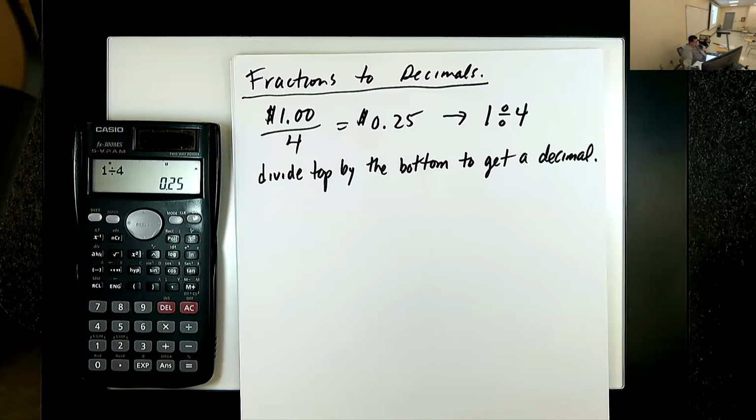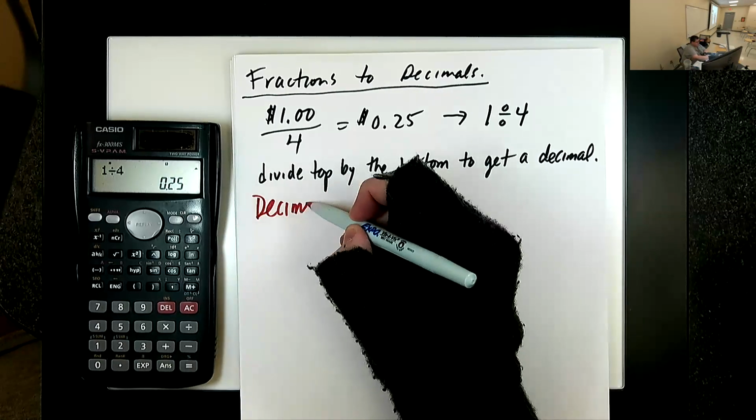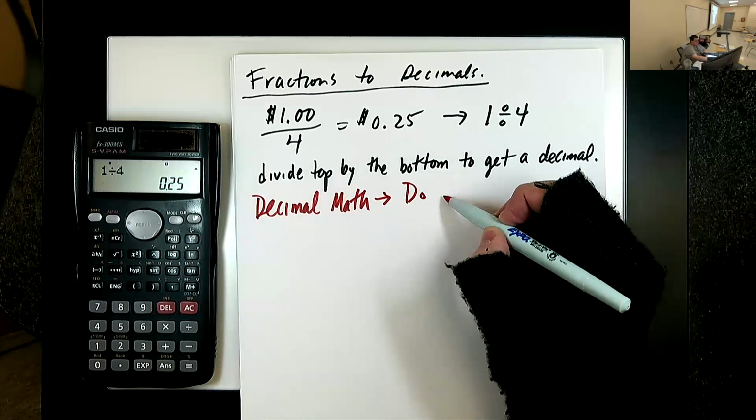Now, working with decimals is just like working with all your regular numbers. They're so much easier than working with fractions. Like in a calculator, you just add, multiply, subtract, or divide as you normally do. So decimal operations, decimal math, you should pretty much do it in a calculator.